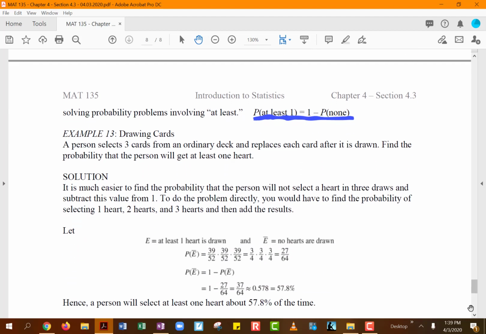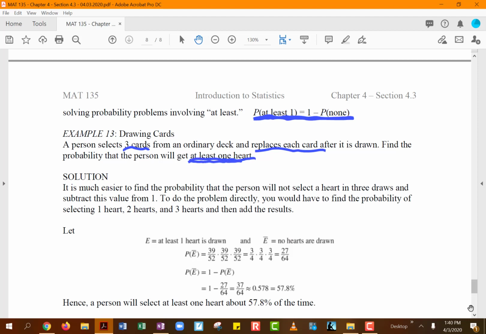Example 13 here is talking about drawing cards, where a person selects 3 cards from an ordinary deck of cards, replacing each card after it is drawn, right? So essentially you're looking at independent events here because you are replacing the card back into the deck. They are asking us to find the probability that the person will get at least 1 heart.